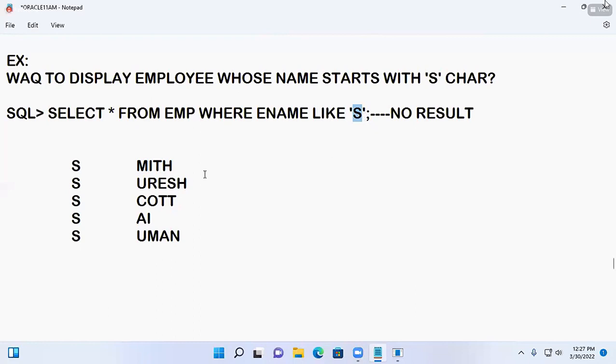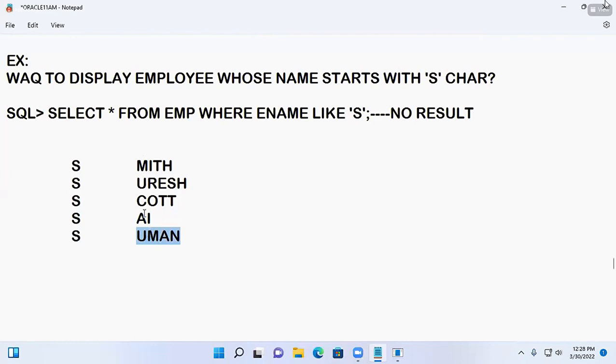Yes. But in my names, not only S, along with S, I have some other characters. So that is what I want to do in Smith. Okay, MITH, I want to represent. In Suresh, URESH, I want to represent. So like COTT, AI, UMAN.